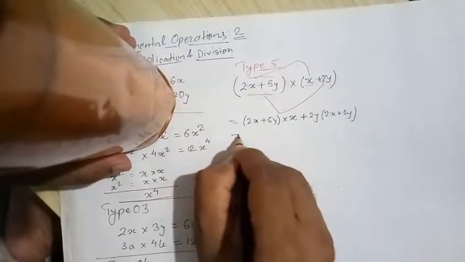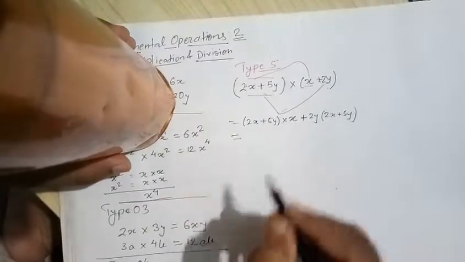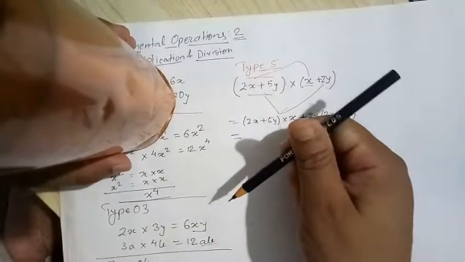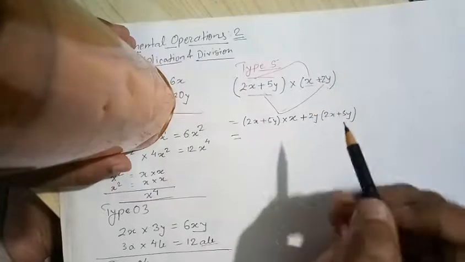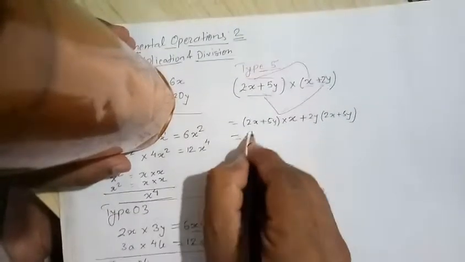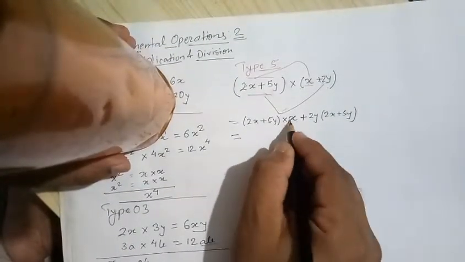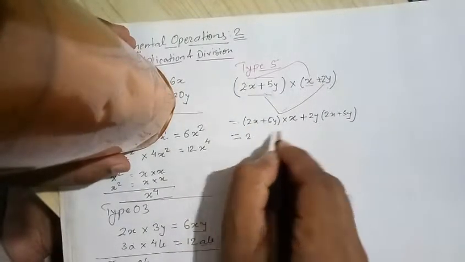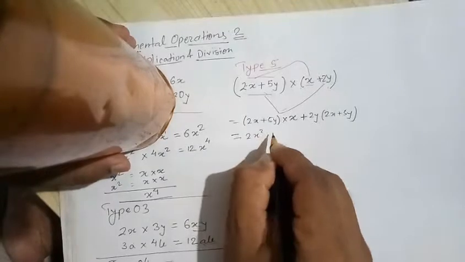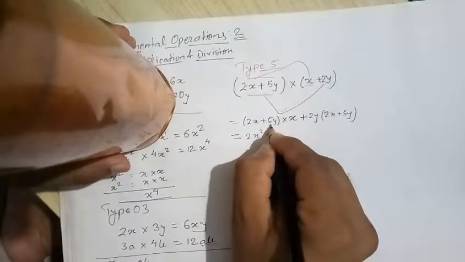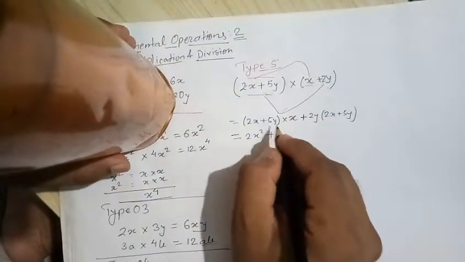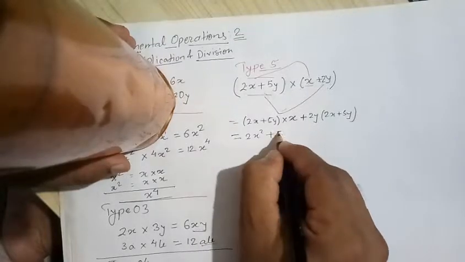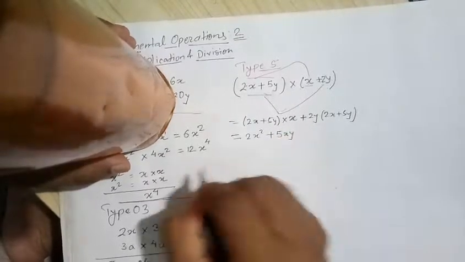So let's go to the next step. x will multiply with both of them. We have learned this in the last one. Okay, so how to start? x into 2x. Now there is no variable and constant mix, so variable will multiply with variable. 2 will remain as it is. 2x into x, 2x squared, plus, now this x will multiply with this also, so x into 5y, 5xy.